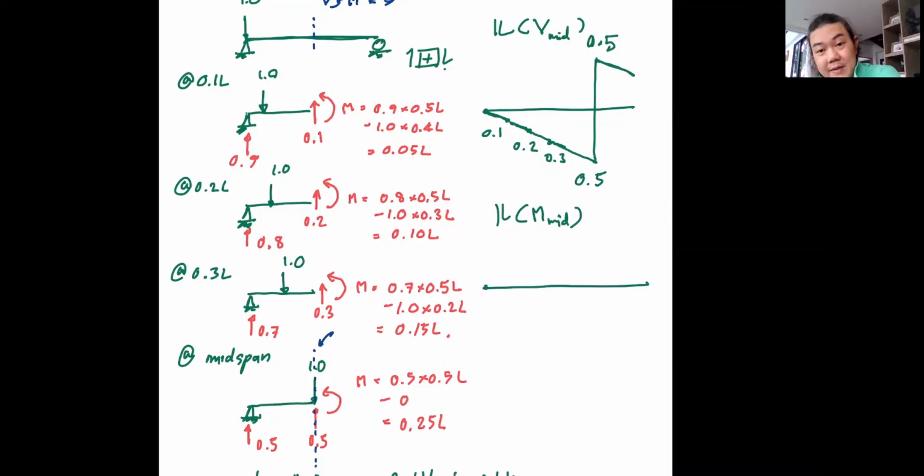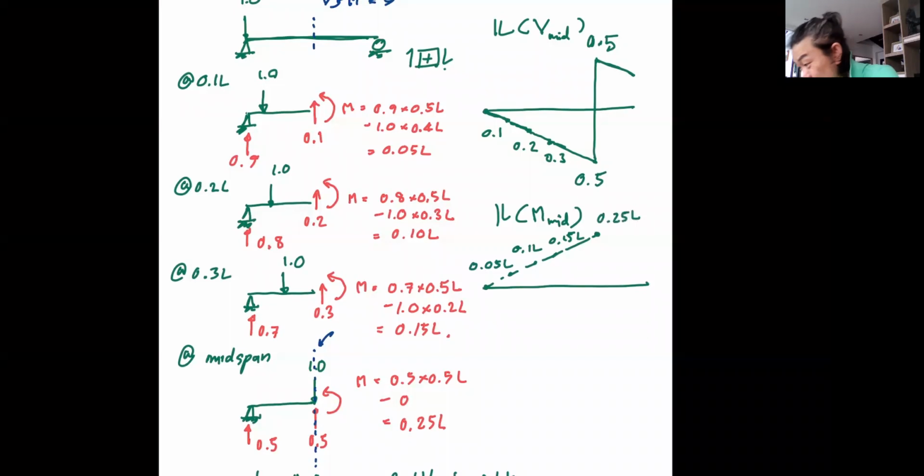When the unit load is at location 0.1, the moment is 0.05 L, and at 0.2 it is 0.1 L. And then you have 0.15 L, and then at midspan you reach this value of 0.25 L.